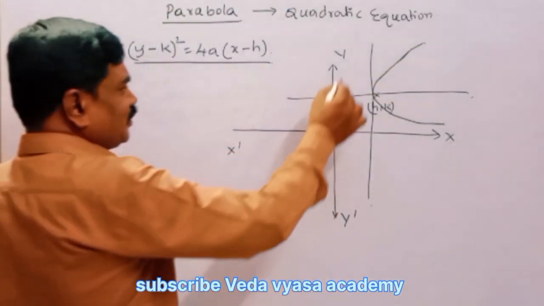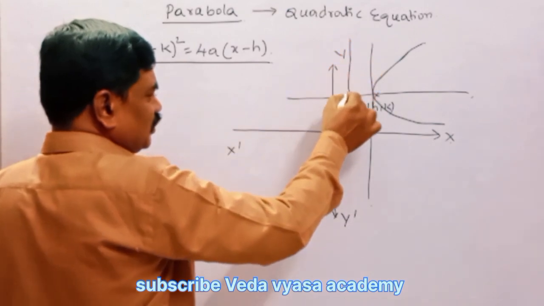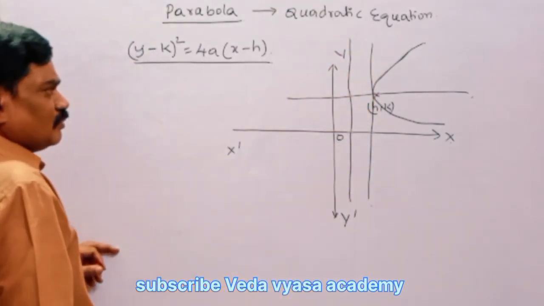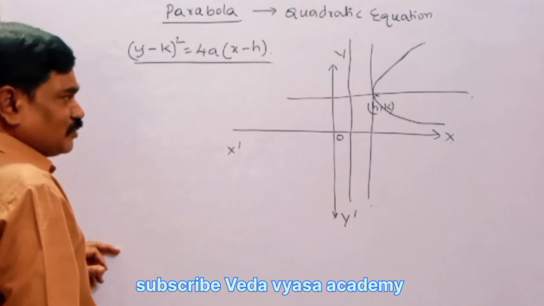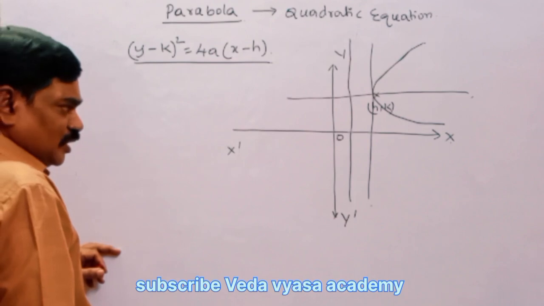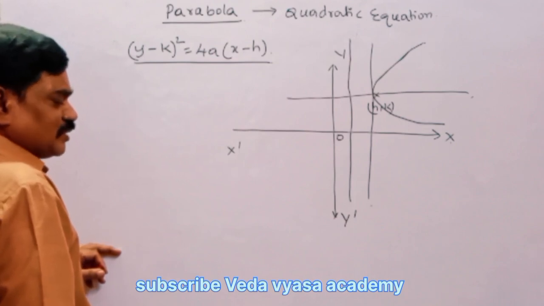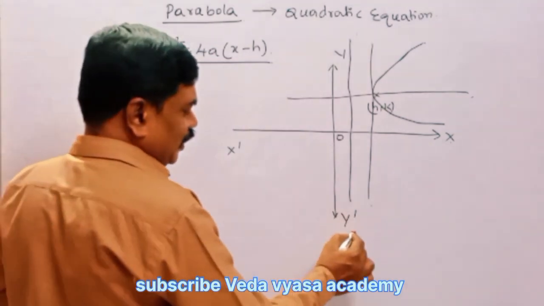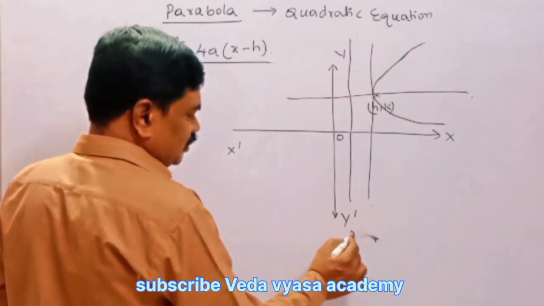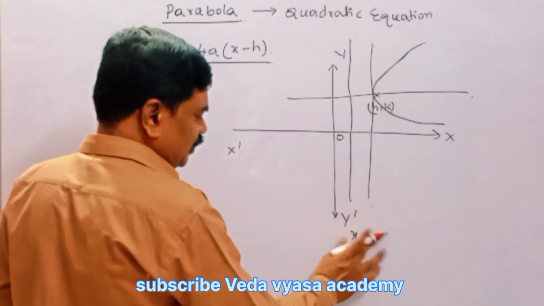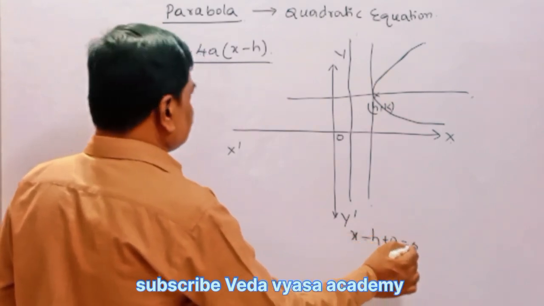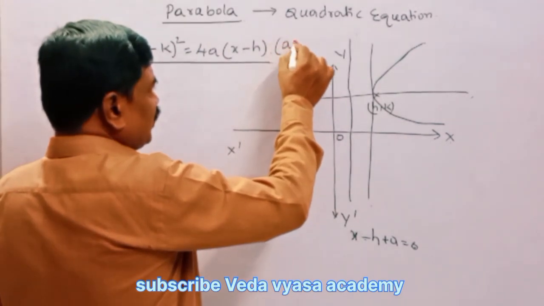What is the directrix? Which is parallel to the y axis. What is the directrix equation? Directrix equation generally is x is equal to minus a. Here x is x minus h plus a equal to 0, where a greater than 0.